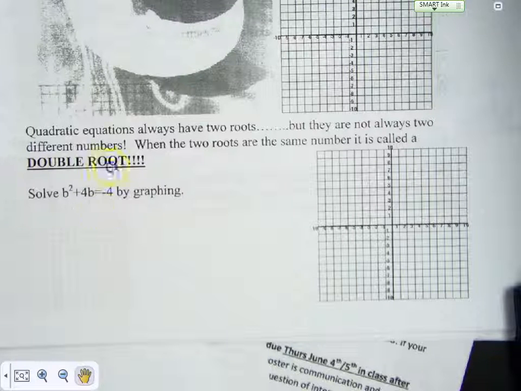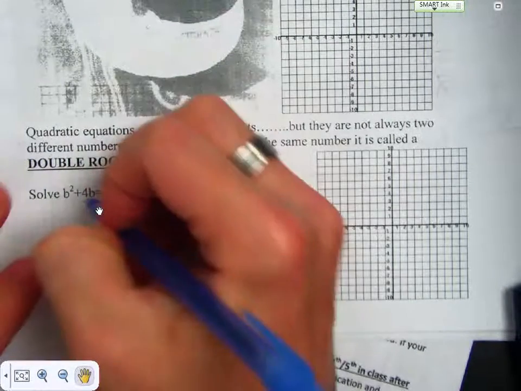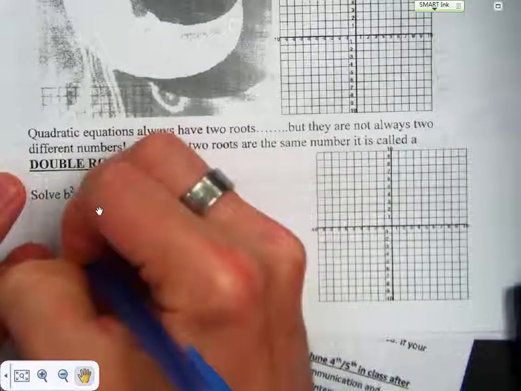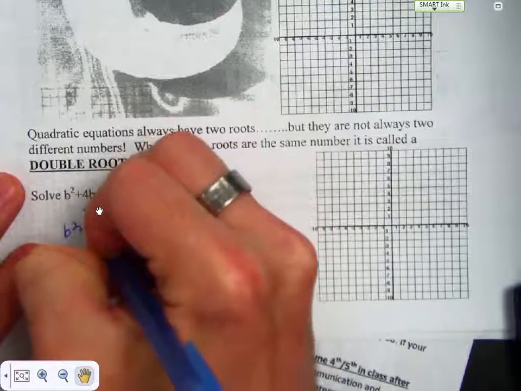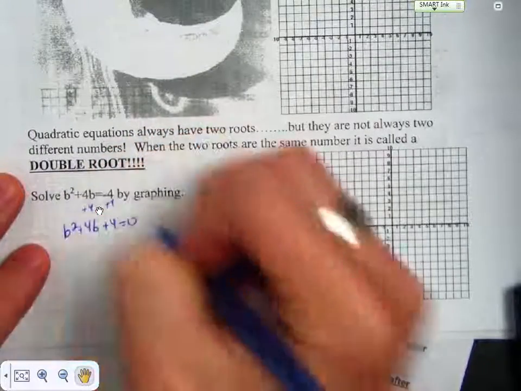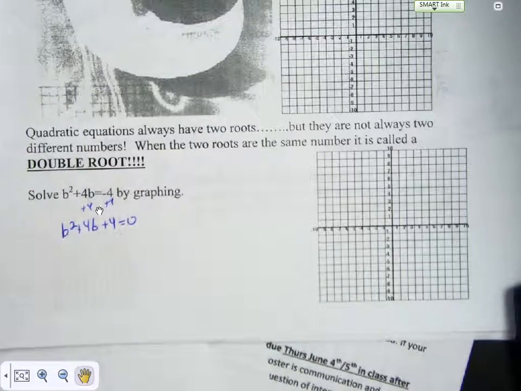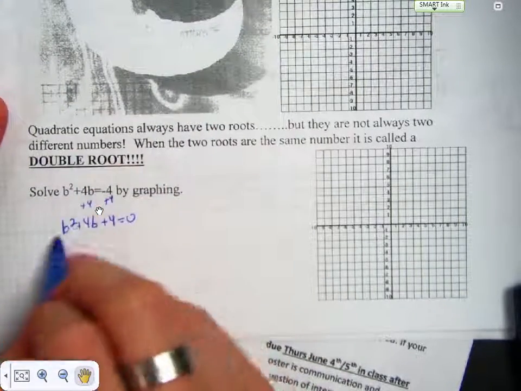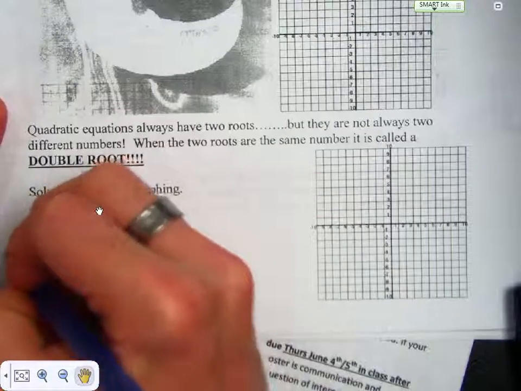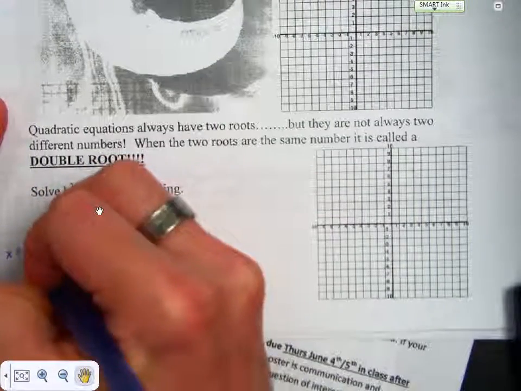First off, what's wrong with it? It's not equal to 0. We need to get equal to 0 first. So we move the 4 to the other side. We get b squared plus 4b plus 4 equals 0. Do we add the b's together? Can't add these b's together. Nope. We got to do the opposite of b divided by 2a.